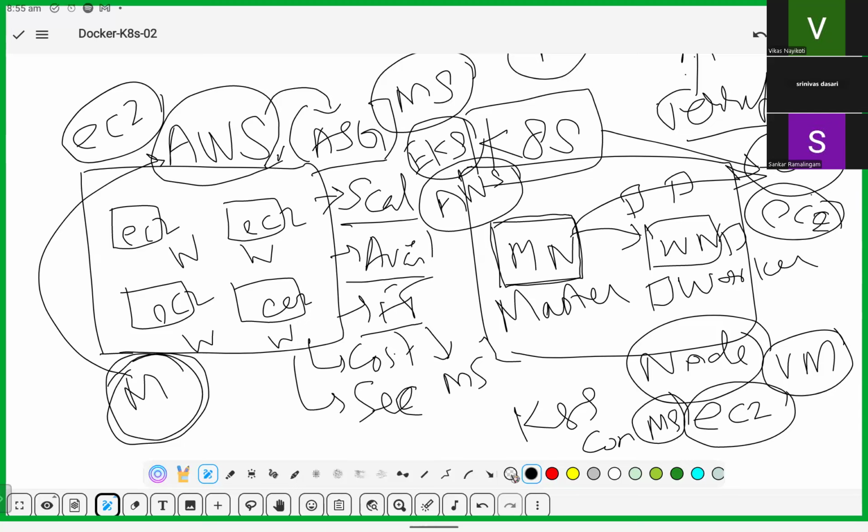So you should understand it this way. Kubernetes follows all the pillars or architecture concepts: scaling, availability, fault tolerance, cost, and security. Everything will be managed by Kubernetes, because that's the most important thing in terms of cloud.